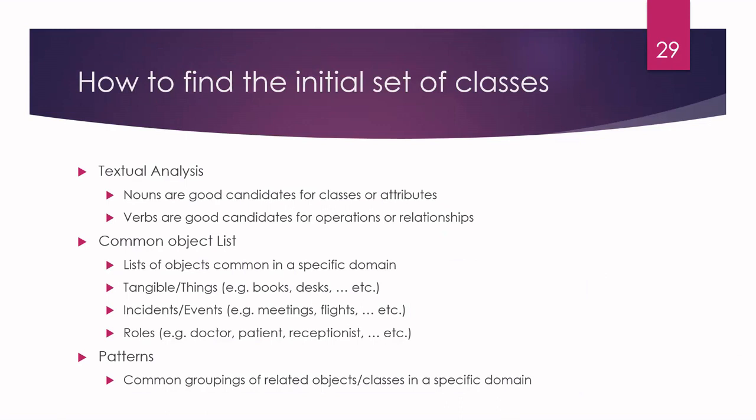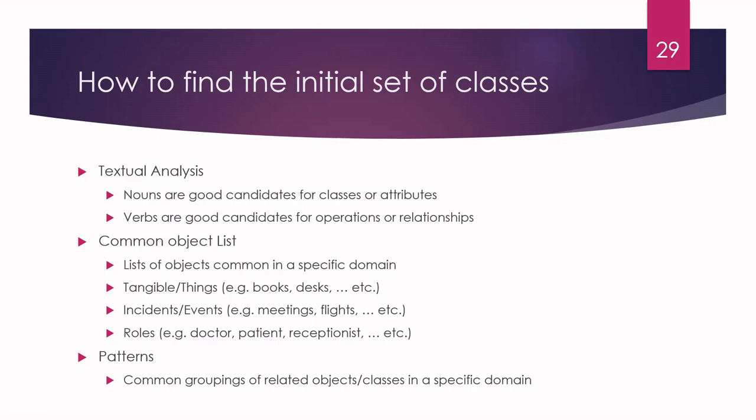Sometimes, if you are creating a well-known type of system, you may have common lists of objects that belong to it. If you are creating accounting, a lot of people have tried to create an account system, so you will find a list of classes that need to be included.